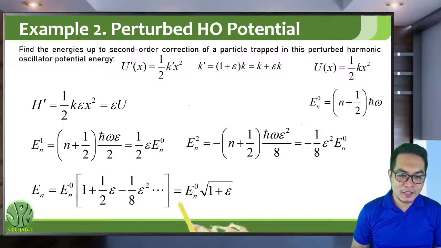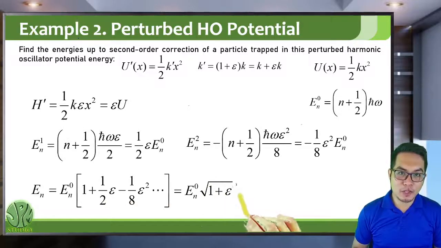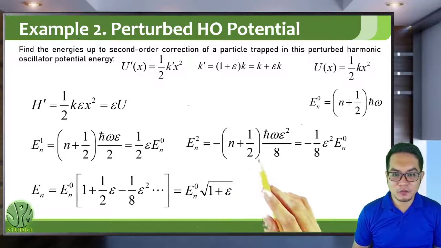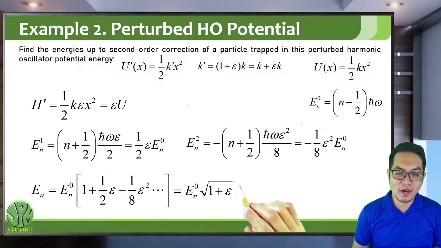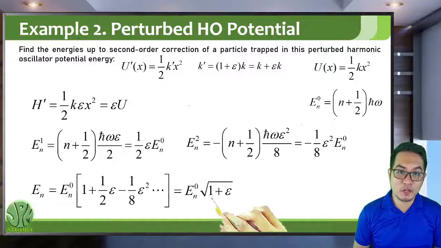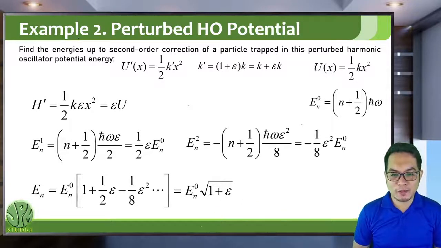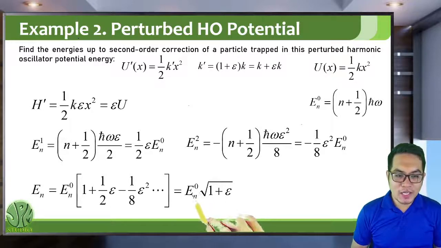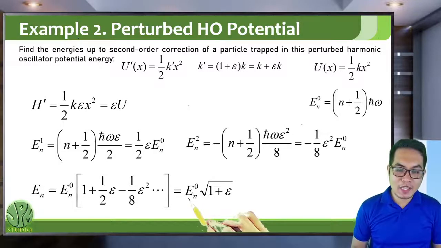If you expand this up to the higher order terms, you basically get the binomial expansion of 1 plus epsilon to the 1/2, where epsilon is assumed to be very, very much smaller than 1.